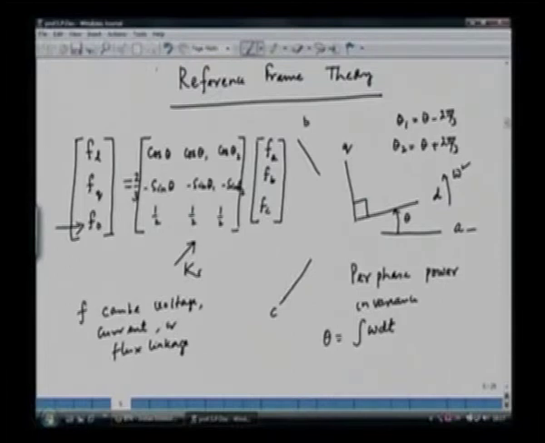Basically, this is the angle that the d axis subtends with phase A. Now, if omega equal to 0, theta is equal to 0, and that's equal to theta r if omega equal to omega r, and that's equal to theta e if omega equal to omega e. So theta is the integration of the speed. Depending upon the speed, the theta is defined.